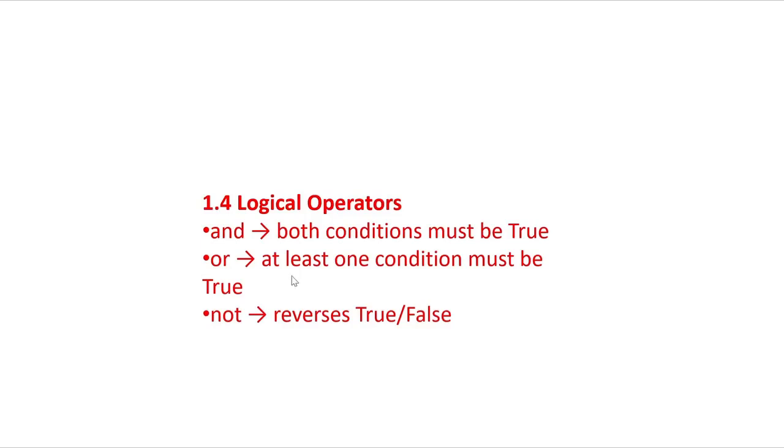For or, the difference is that at least one condition must be true. You might have more than two conditions. Even with the and logical operator, you can also have more than two conditions.